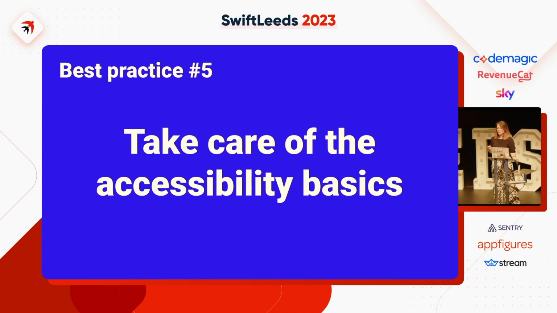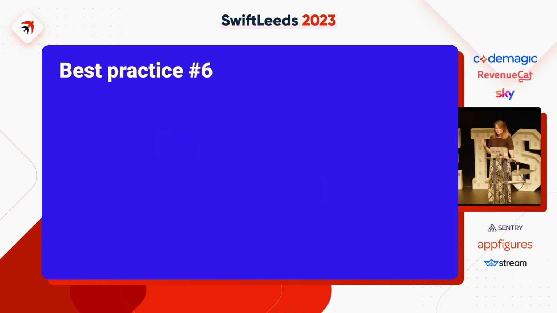It's often very quick, but we can't move on to the more interesting parts of accessibility until we get these basics taken care of. And the more interesting parts that I love to talk about are about the user experience.